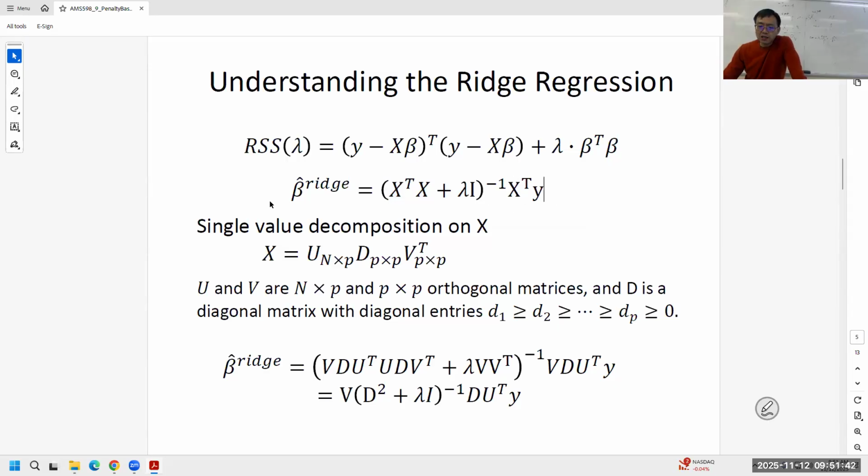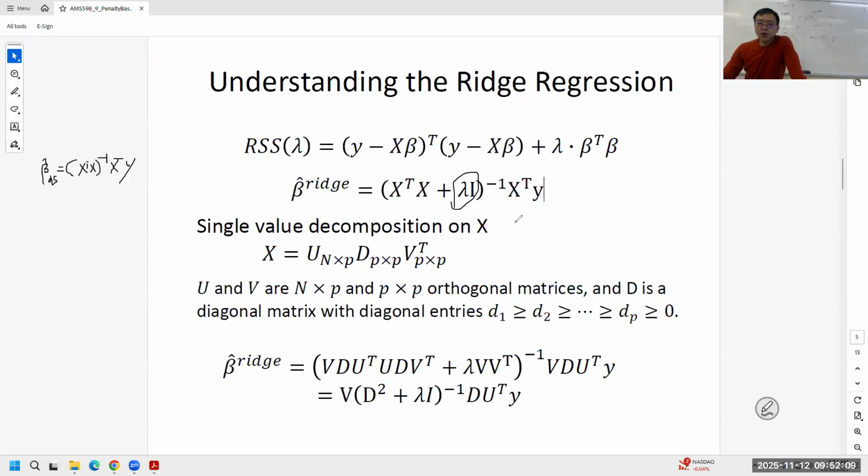If you look at it, compare this with the regular regression, the OLS, beta hat is the inverse of x transpose x, times x transpose y. So what it does here is just add an extra term, lambda I.